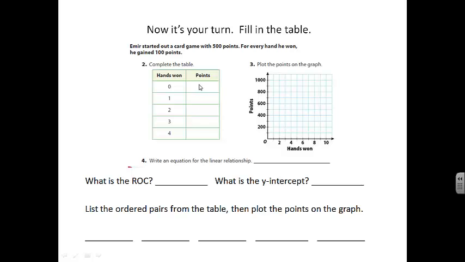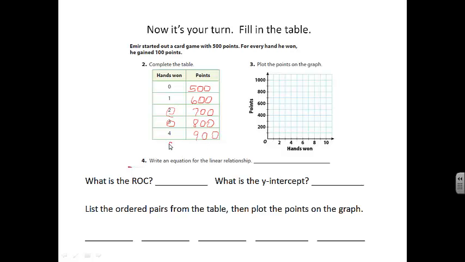So you should have started with 500 here, because it said he started out with 500 points. And then when he won a game, he got 100 more points. So 500 plus 100 is 600. 500 plus 200 is 700. 500 plus 300 is 800. 500 plus 400 is 900.